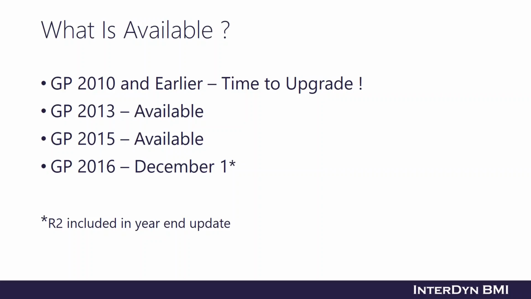And you'll notice I skipped the first line there. If you're on GP 2010 or anything prior to that, there are no more year-end updates, and so it's time to upgrade. If you're running payroll or doing 1099 reporting out of GP, or tracking fixed assets for tax purposes, you really have to strongly consider upgrading pretty quickly, because for 2010 users and earlier versions, your system is not going to be compatible or comply with the form changes and ACA changes and so forth.